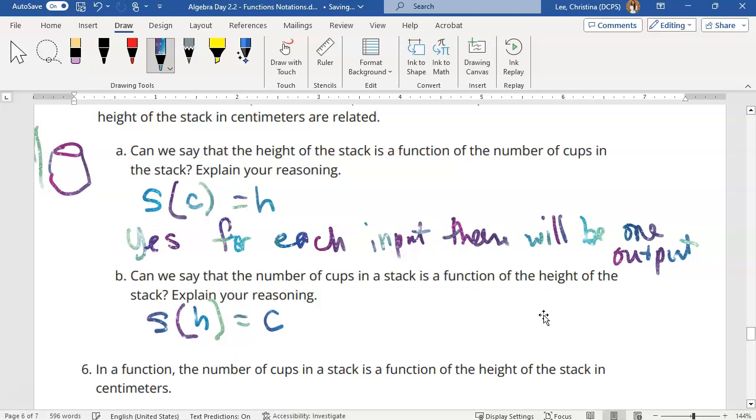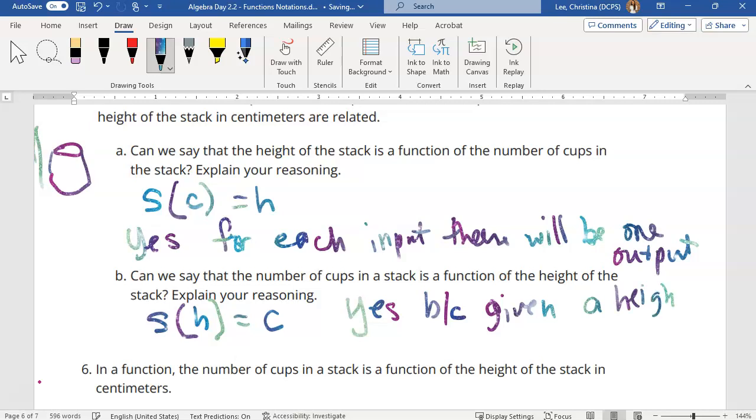And will each height have a unique number of cups? So this is actually also yes, because given a height, we will have different numbers of cups.